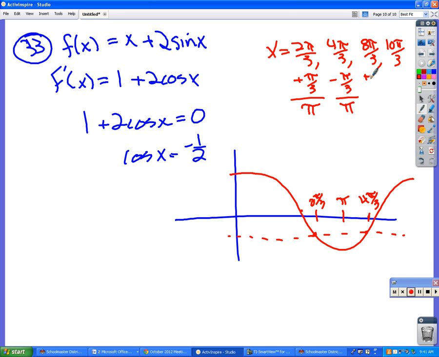If I go plus pi over 3 here, then that gives me 3 pi. If I go minus pi over 3 here, I would get 3 pi again, okay? So these answers are all the odd pi's, okay?